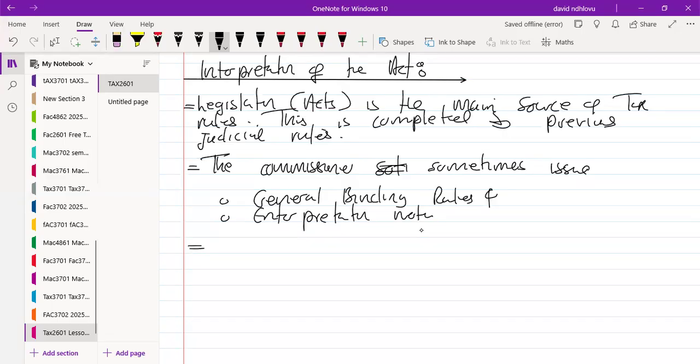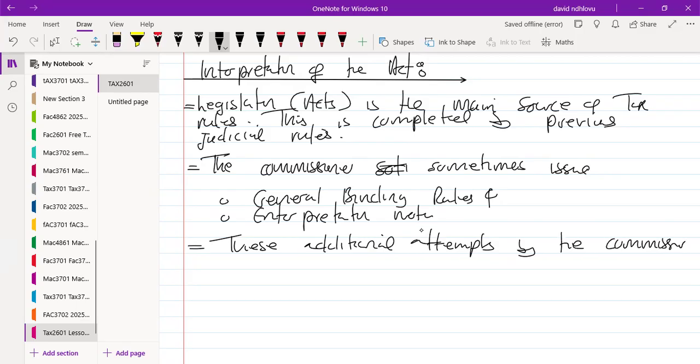These are additional attempts by the commissioner to provide more clarity on complex tax issues.